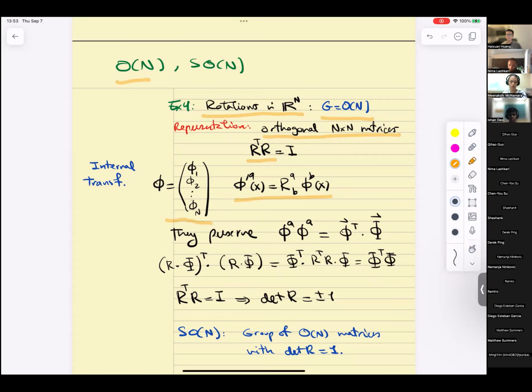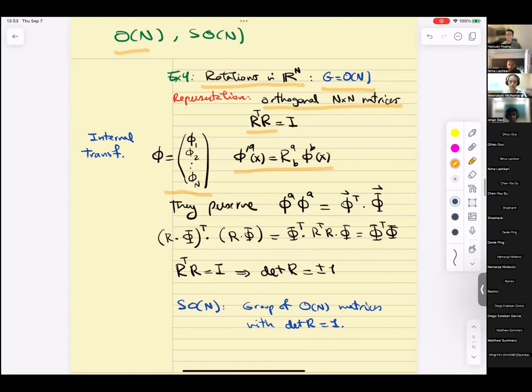Special orthogonal transformation. We're going to say that in a second. So what is it a symmetry of? It preserves the inner product, which is phi transpose dot phi for these vectors, right? This is the notation where repeated indices are summed over.